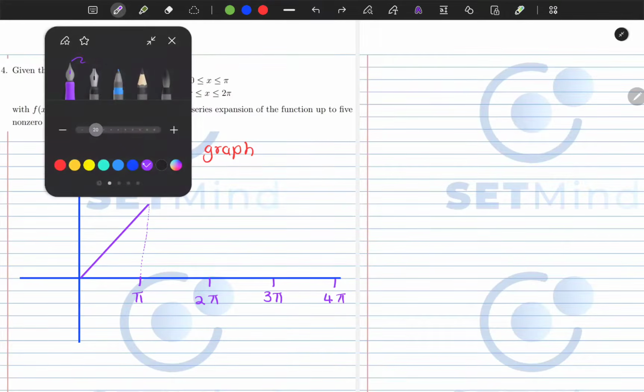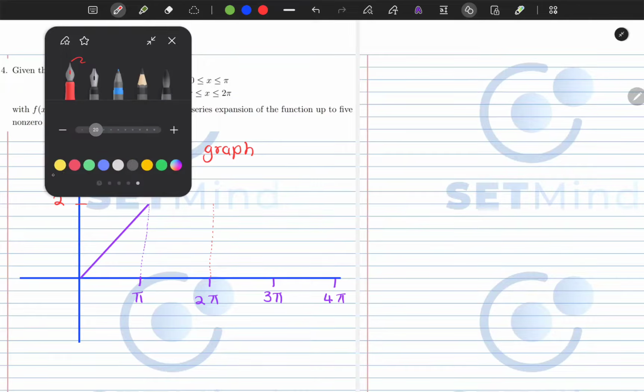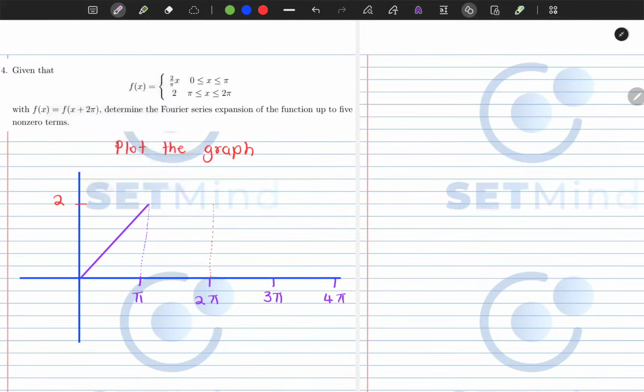So it means the y value that I need to put here is supposed to be 2, because at pi it hits exactly that. But then from pi up until it gets to 2 pi, it becomes a different function, which is just the function that is valued at 2. So I need to go and put in a different function valued at 2, like that. That is how our graph is.